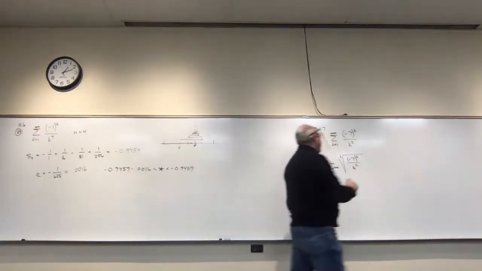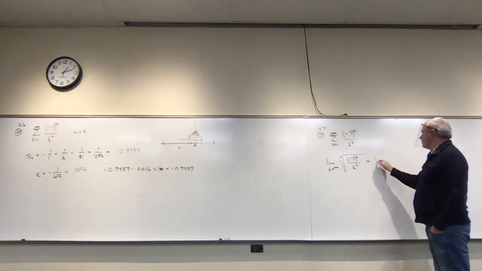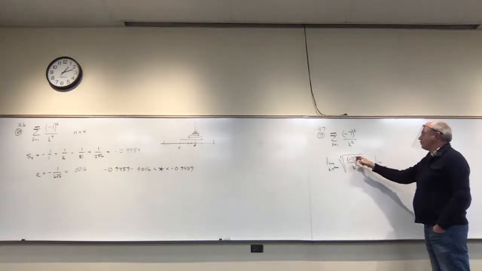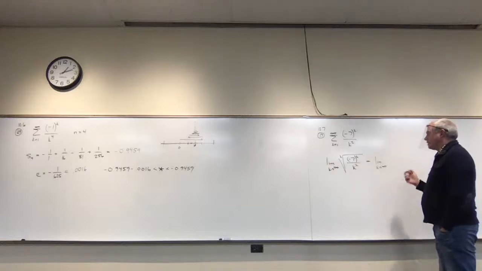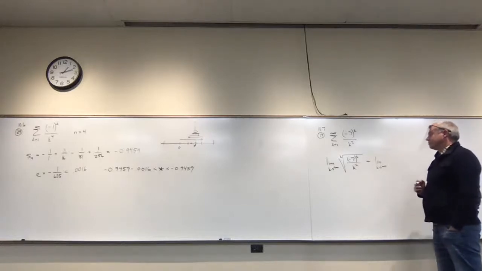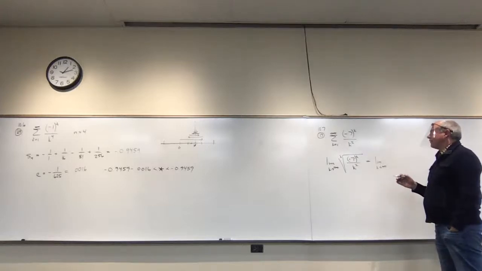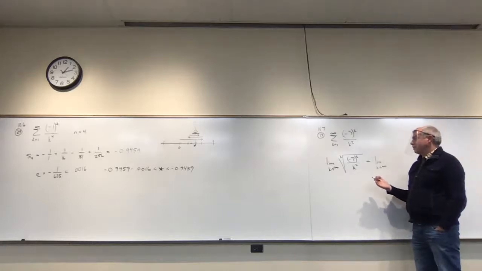If I do that, I get the limit as k goes to infinity. On top, I just get the kth root of -7 to the k, which is what? -7. It's kind of interesting, actually, like if k is a positive number, what do I get?